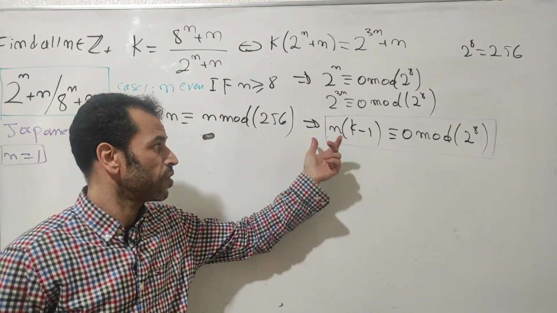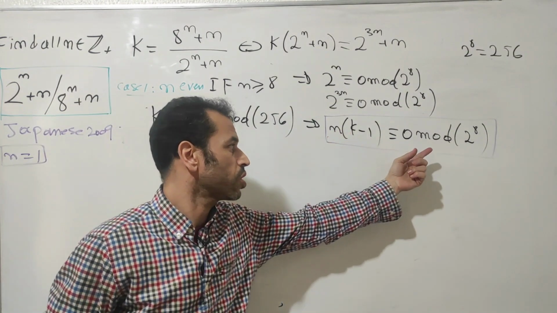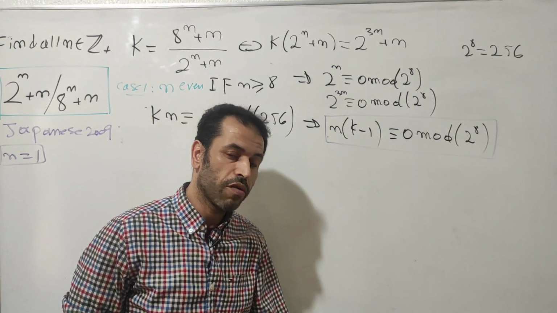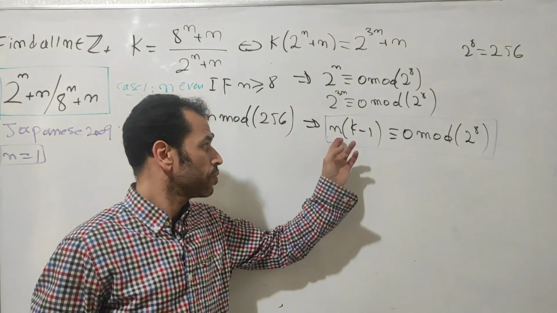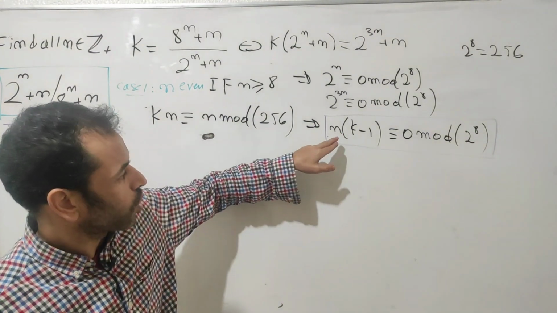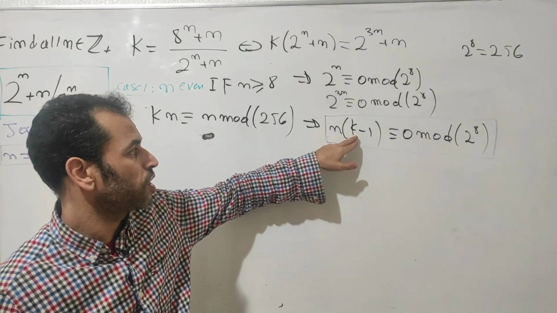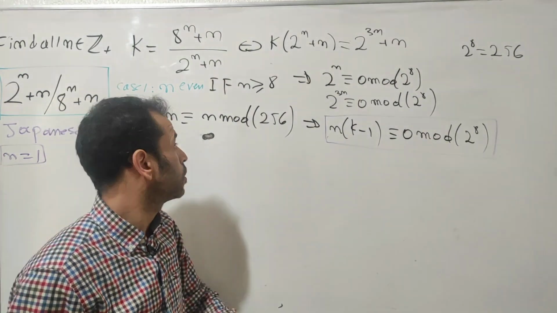Already n is even, and the product is even, which means each term of this product is going to take a nice form. We are going to create a nice expression for each term of this product, but after proving k minus 1 is even. Okay, let's do that.